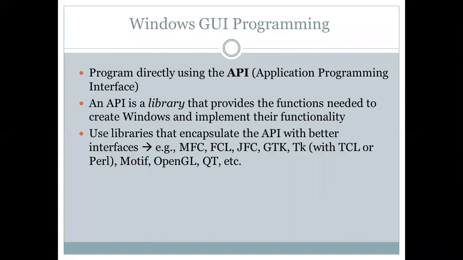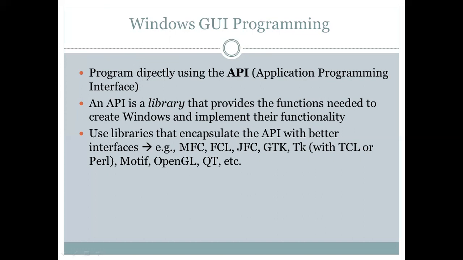Today we're going to start with what is meant by a Windows graphical user interface program, or GUI program. A GUI program is a program that directly uses the APIs. API means application programming interface.